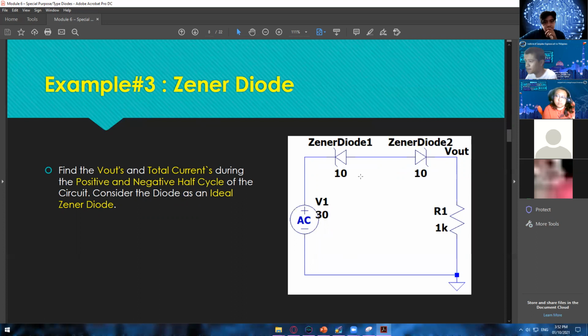So in here we have 2 Zener diodes. I would like you guys to figure out what is the value of our V out during the positive half cycle. Anyone?